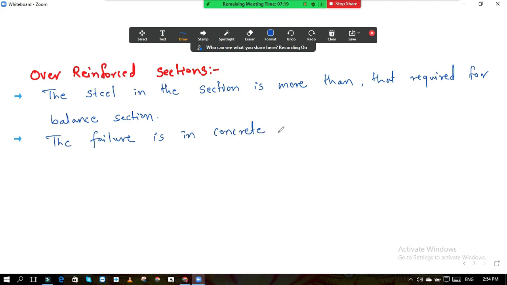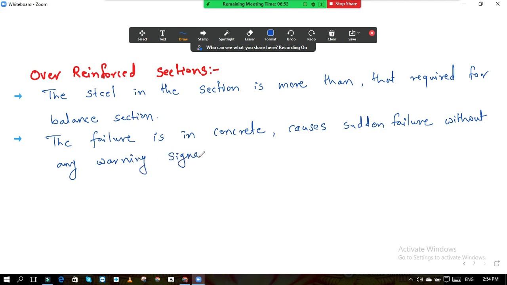Concrete is not a ductile material, it is a brittle material, so it causes sudden failure without any warning sign. Okay, without any warning signs.